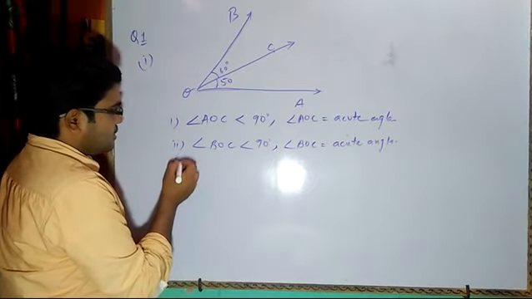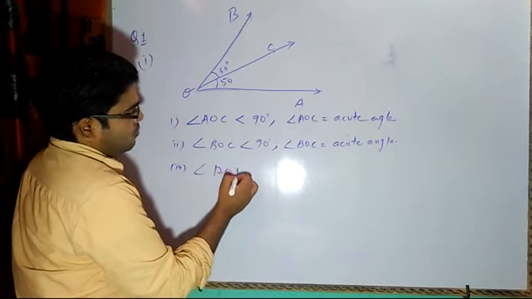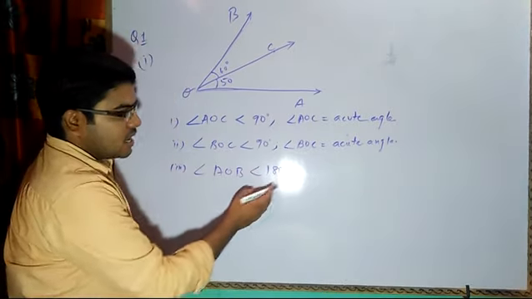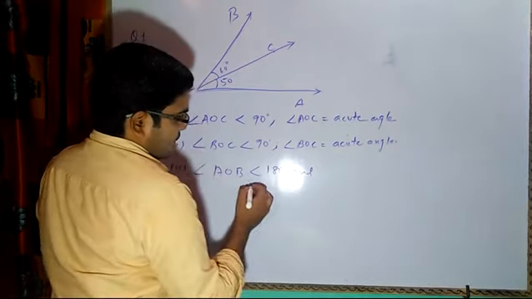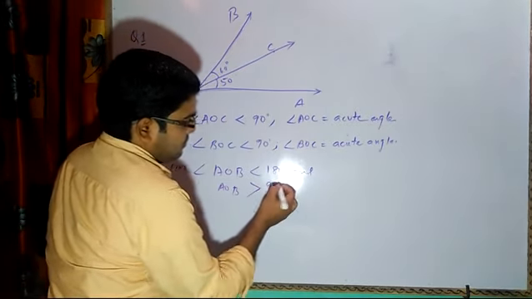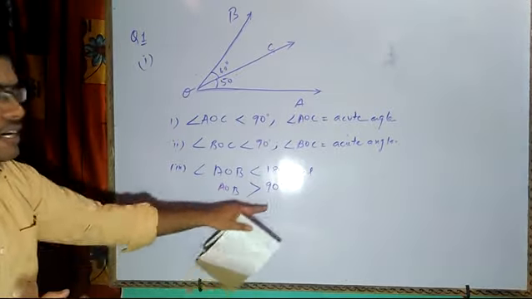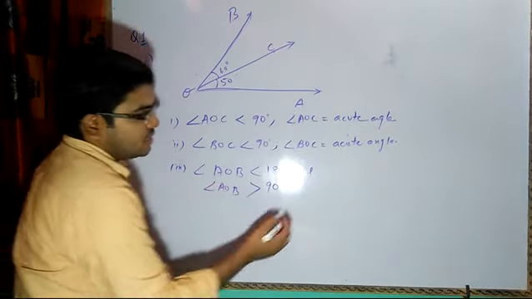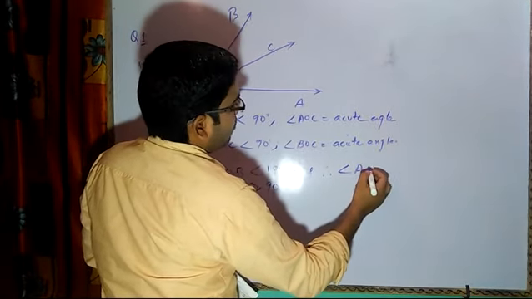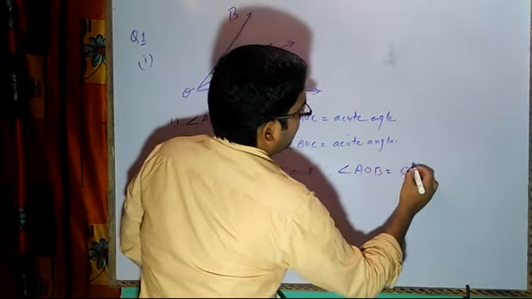So I can write this as angle AOB is less than 180 degree and greater than 90 degree. Therefore angle AOB is called an obtuse angle.